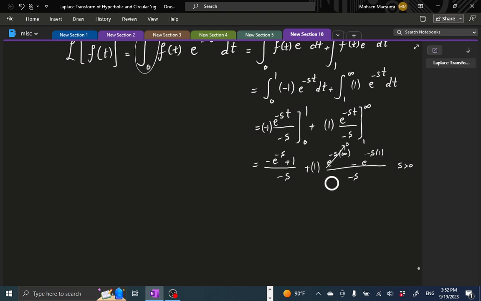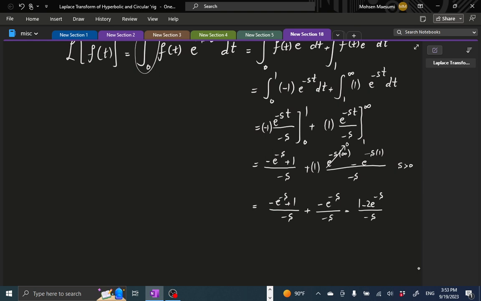I'll go ahead and simplify: exponential of minus s plus 1 over minus s, and for this one I have minus exponential of minus s over minus s again, and it all boils down to 1 minus 2 exponential of minus s over minus s.